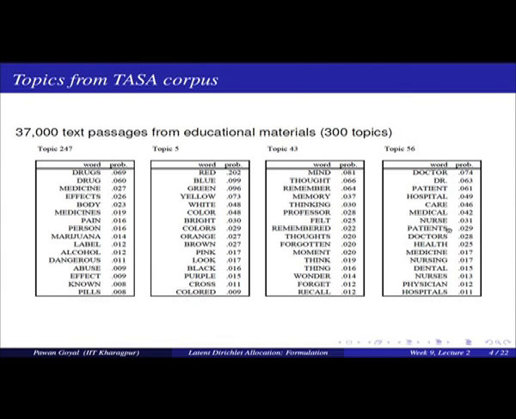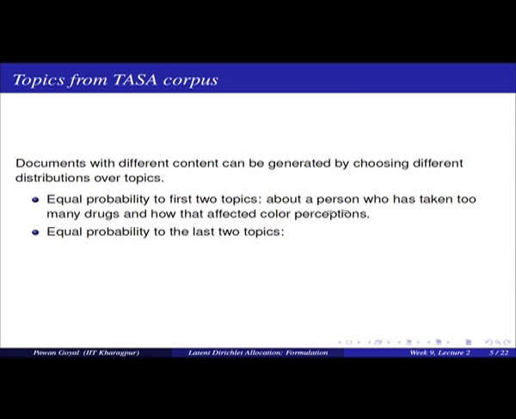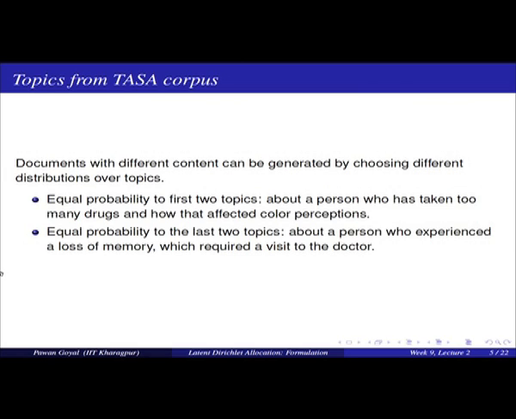If you blend these 2 topics, you will generate a document about someone who had suffered some sort of memory loss, which led to a visit to the doctor. So with different topics, you can blend some of them and generate documents. This is the generative view. We can give equal probability to the first 2 topics, which gives one sort of document, and equal probability to the last 2 topics, which gives another sort of document.